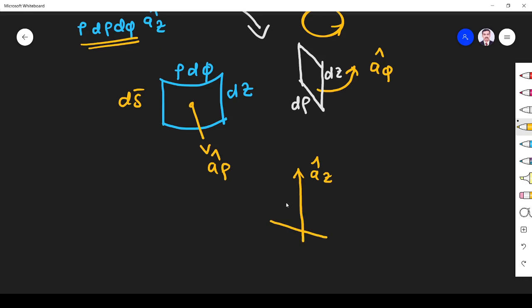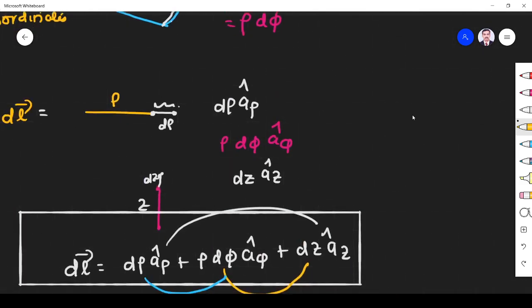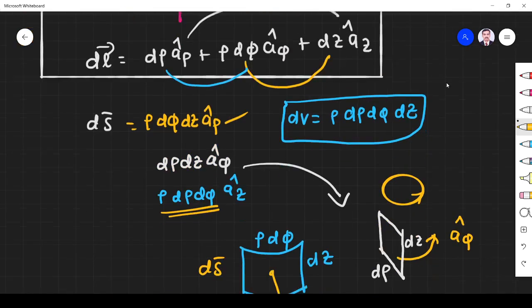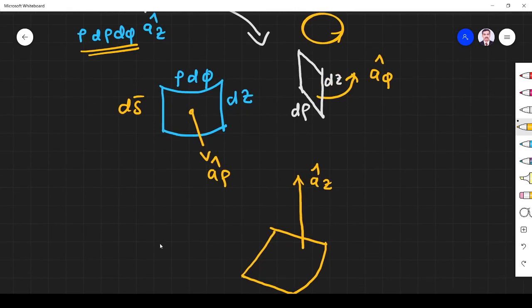Rho d phi, we have seen, is an angular length, so it will be like an arc, and this length is d rho.